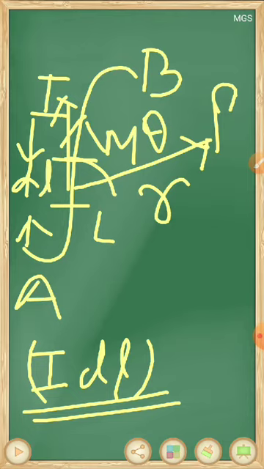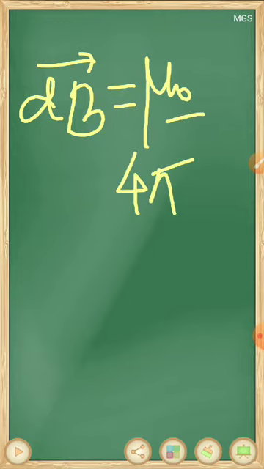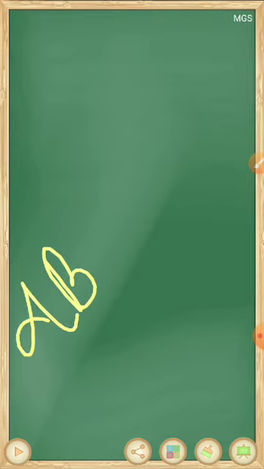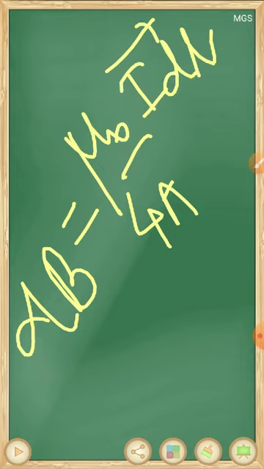According to Biot-Savart law, the magnetic field at a point P due to elementary current element LM is given as dB is equal to mu naught by 4 pi, I dl cross r by r cube.